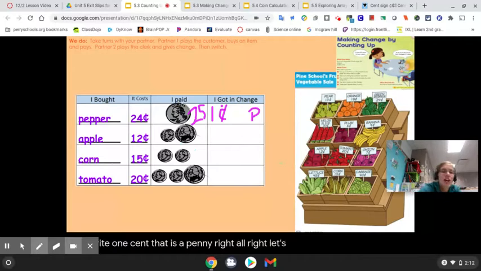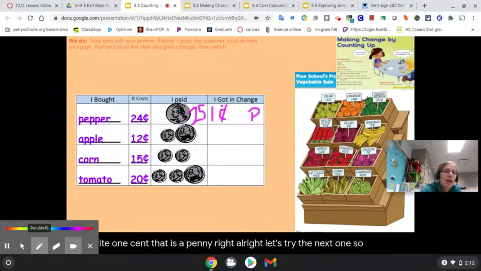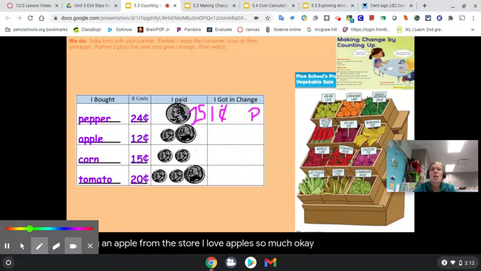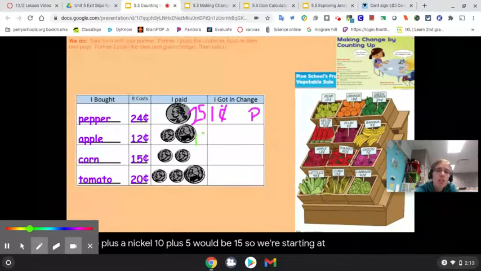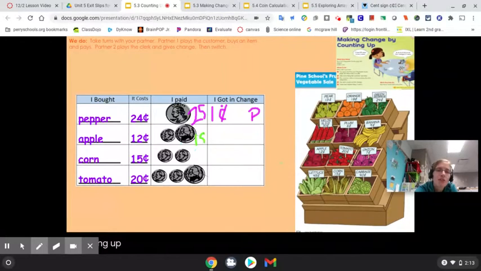All right, let's try the next one. So we're buying an apple from the store. I love apples so much. Okay. An apple is 12 cents, and we paid a dime and a nickel. So a dime is 10 cents, and a nickel is 5 cents. So a dime plus a nickel, 10 plus 5 would be 15. So we're starting at 12, and we're counting up to 15. Everybody put your fists up, please.